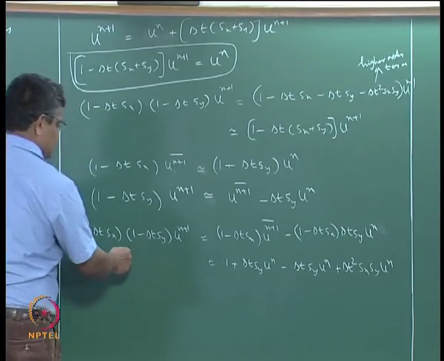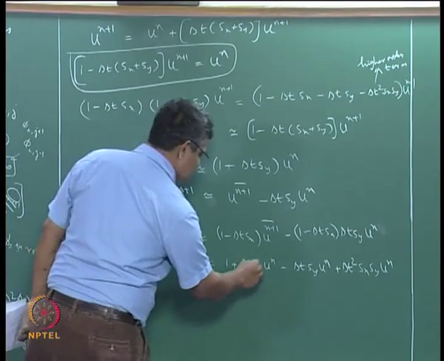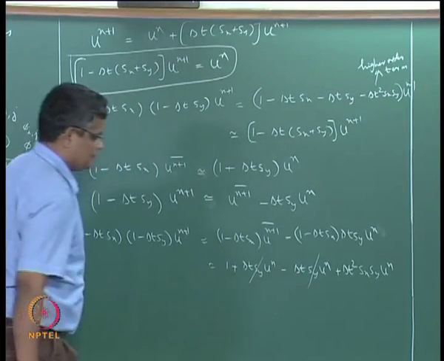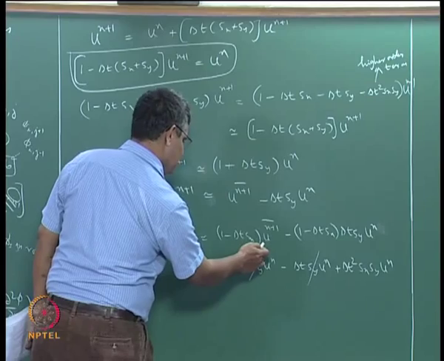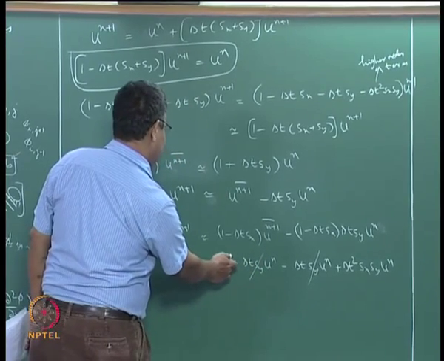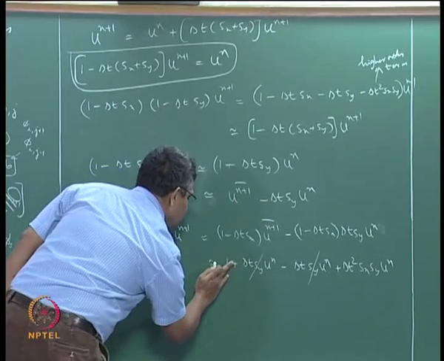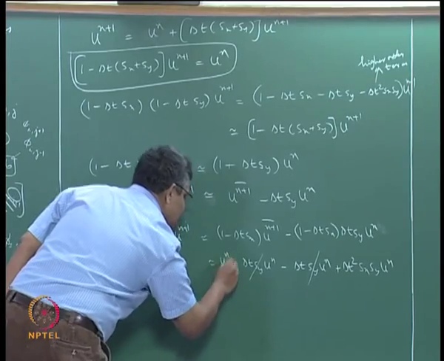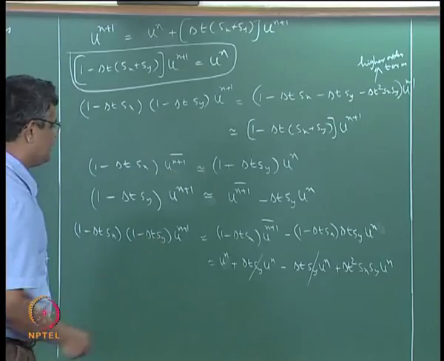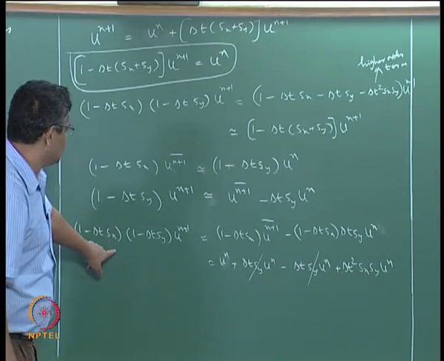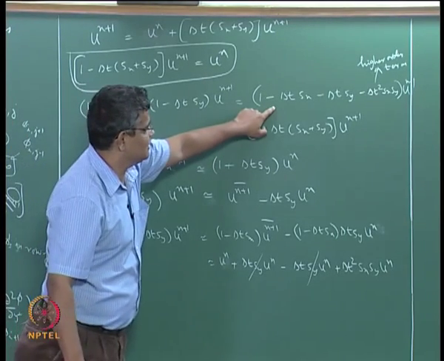And here we have this thing here. So this and this cancel out. This is u n, and then we have this second order term which we can either neglect or see that it is the same as this one here.